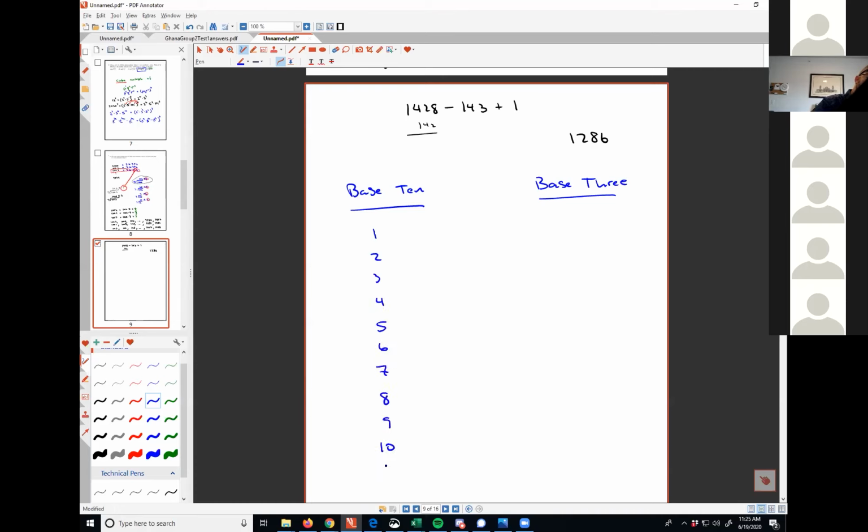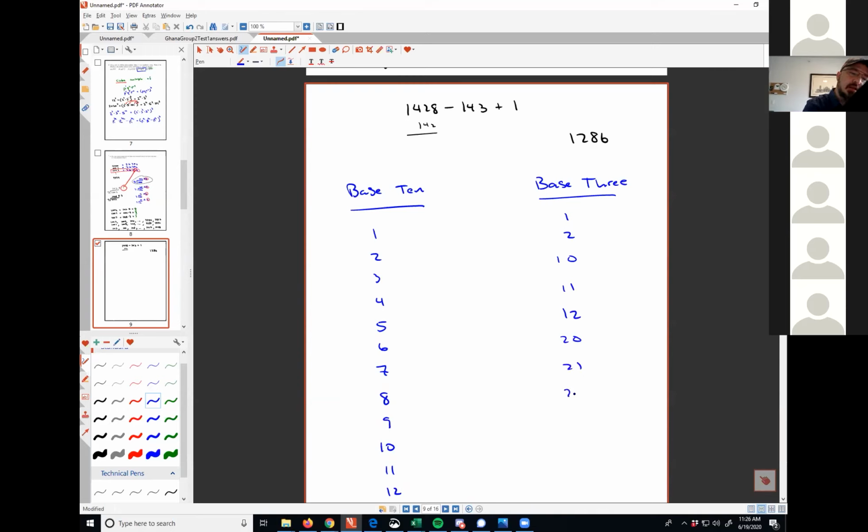Well, in base 3, it looks like this. 1, 2, and now we carry: 1, 0. There is no digit 3. We group every time we get to 3. 4 is 1, 1. 5 is 1, 2. 6 is 2, 0. 7 is 2, 1. 8 is 2, 2. 9 is 1, 0, 0.